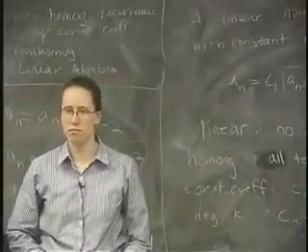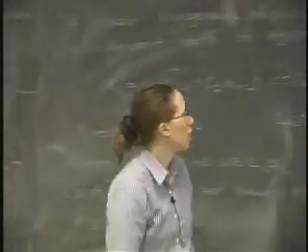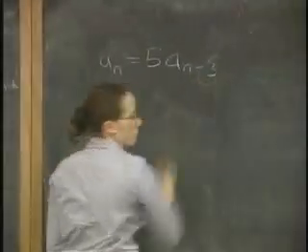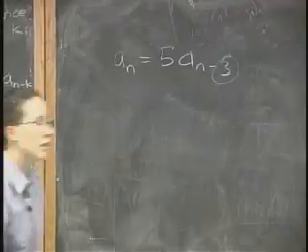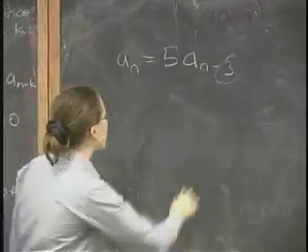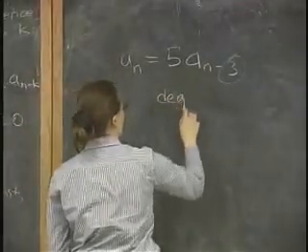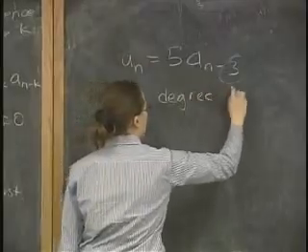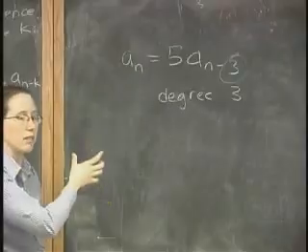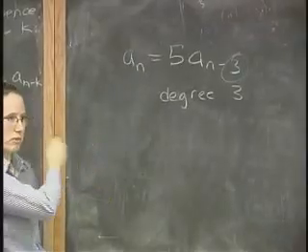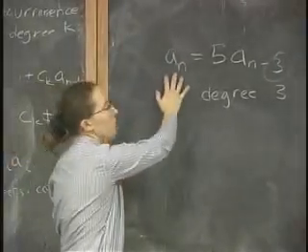So does this vocabulary make sense? Degree 3 is this last. Pardon? The first one is degree 5? So this is degree 3 because we've gone down 3 steps from a_n. This depends on something that's 3 removed from our starting point.